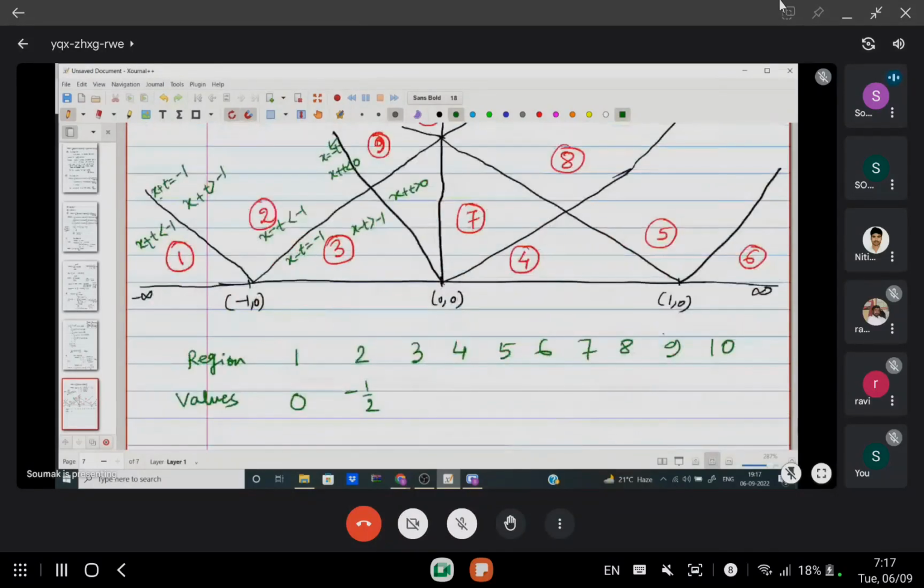For region 3 the average is minus 1, region 4 average is 1, region 5 average is half. So 0, 0, minus half, half, 0.